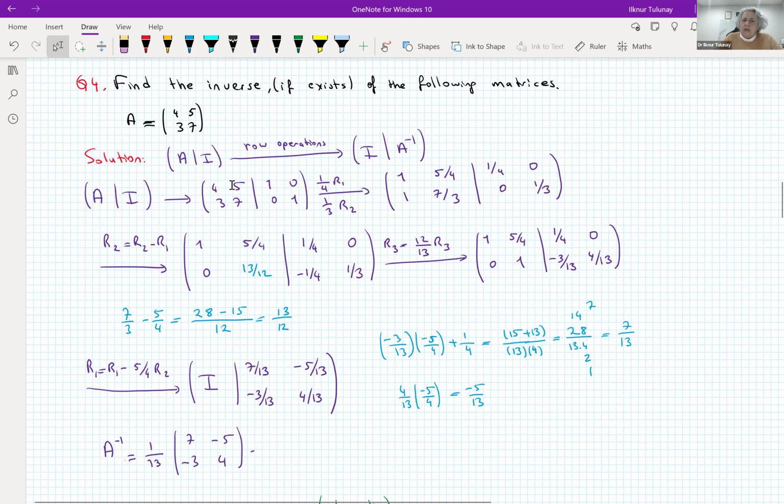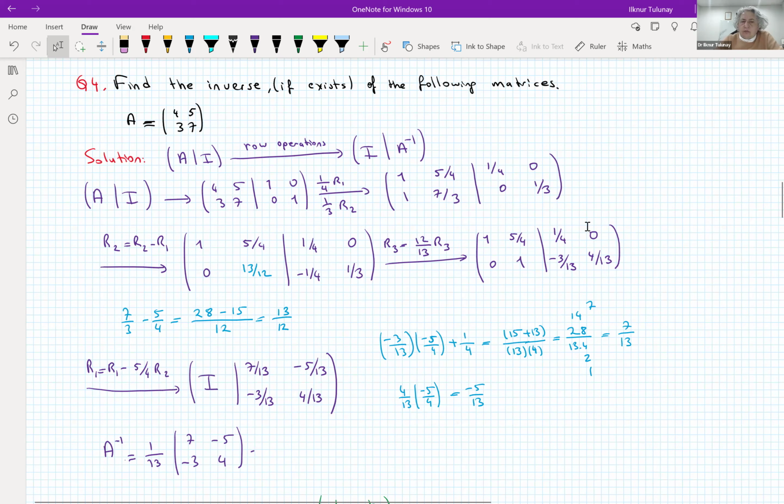We can divide the first row by 4, and we can divide the second row by 3. Then this position is 1, and this is 5 over 4, 7 over 3. Of course, you apply the operations to each row, so this will be 1 over 4, and this will be 1 over 3.